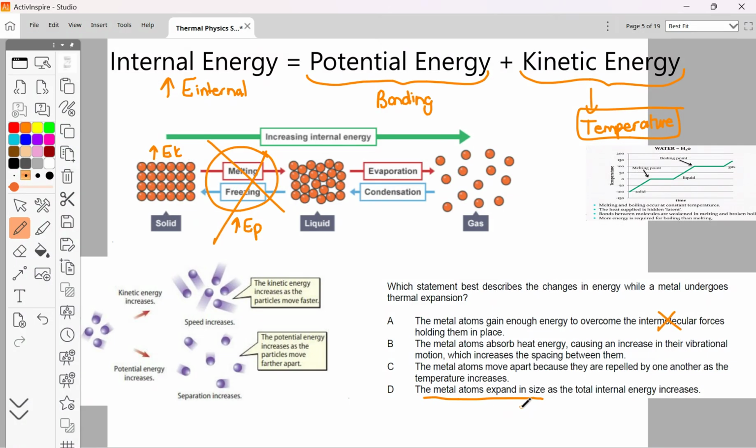They definitely stay the same. So this should be the rubbish one. Remember, there's always one that's nonsense. And then we are left with these two. The metal absorbs heat energy, that is true, causing an increase in the vibrational motion, which increases the spacing between them. Now, we'll get to this now, there is a section on why do solids actually expand.